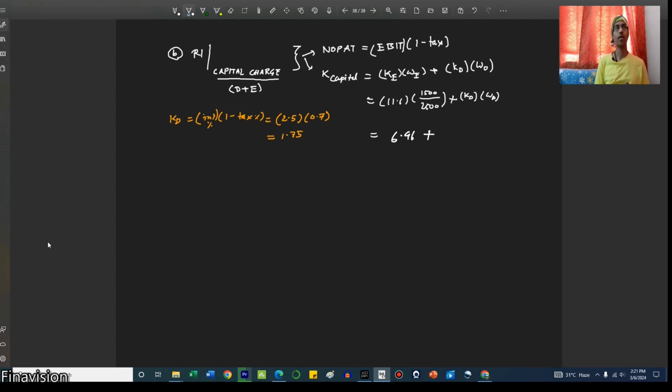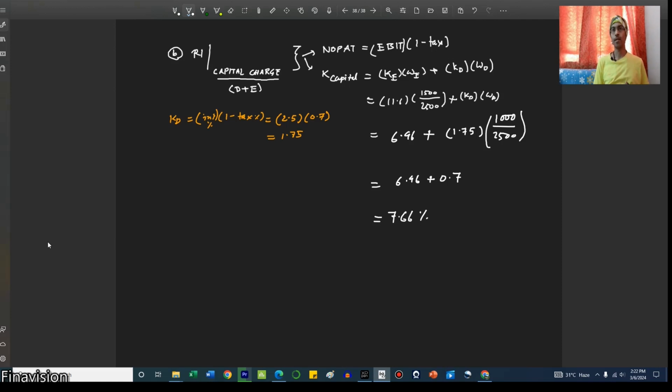This is a percentage, plus 1.75 into 1000 by 2500, which is 0.7. So 6.96 plus 0.7, the total percentage becomes 7.66%.